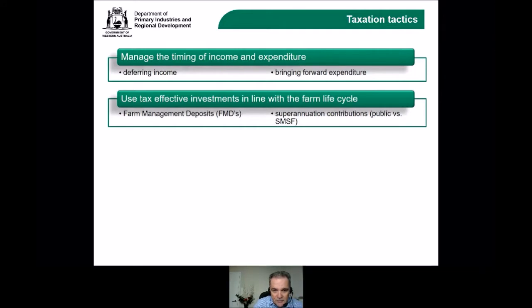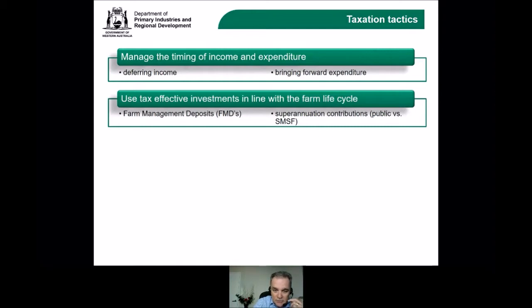So the SMSF is self-managed super funds, or even farm management deposits to help even out your profit, income, etc. over a number of years. And rather than getting taxed on the high amount at a high rate, if you even it out over 5 years, then on average you would pay less tax.